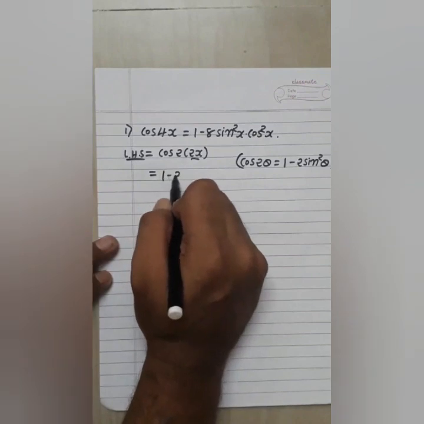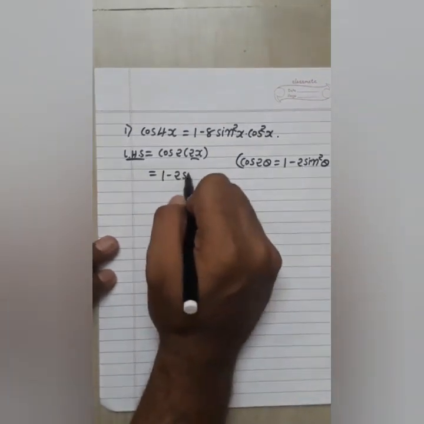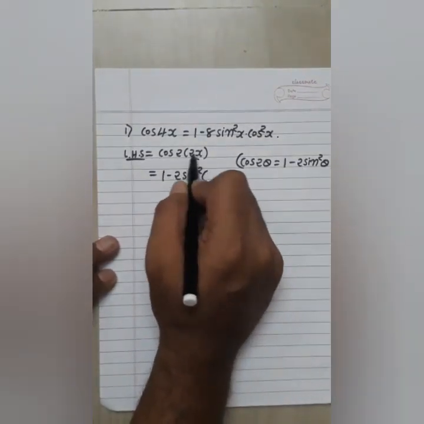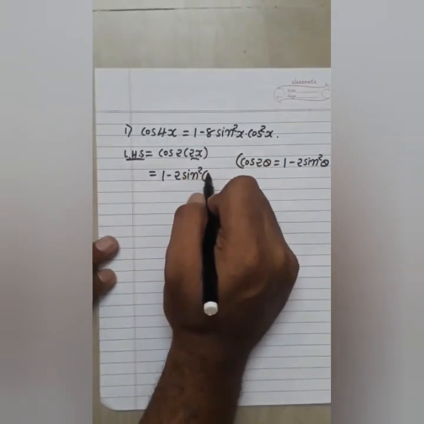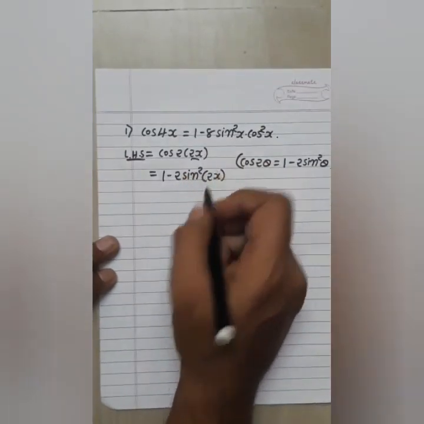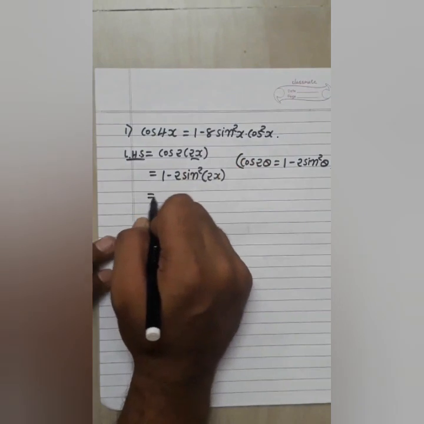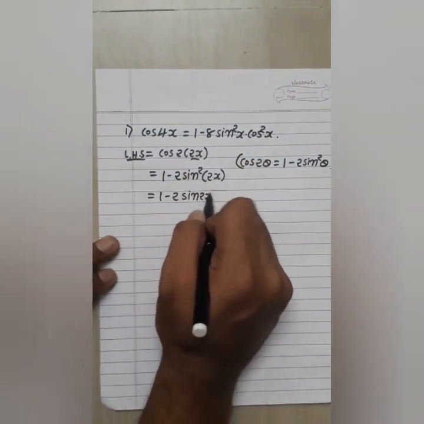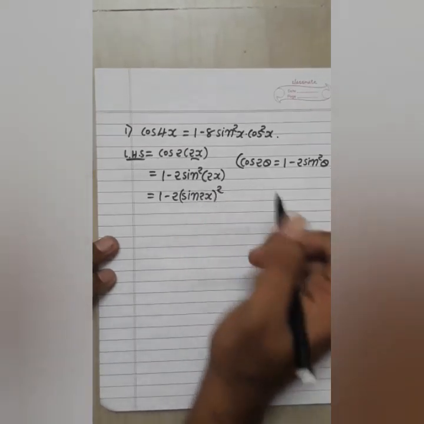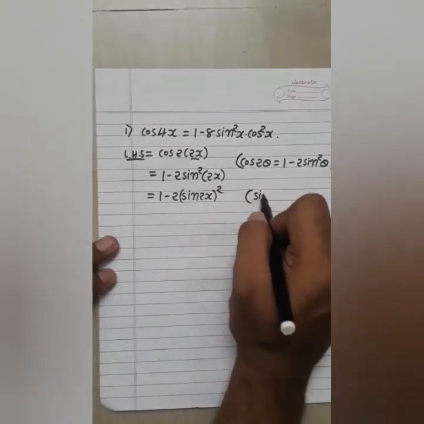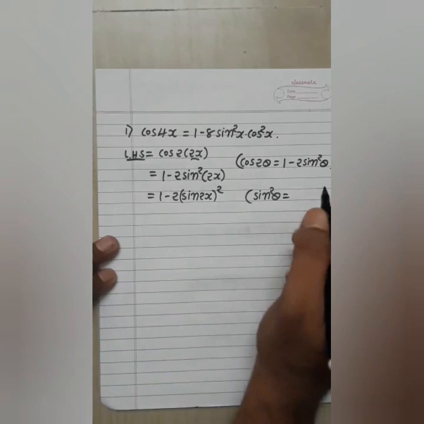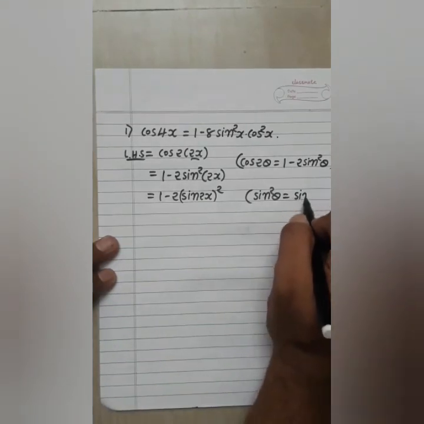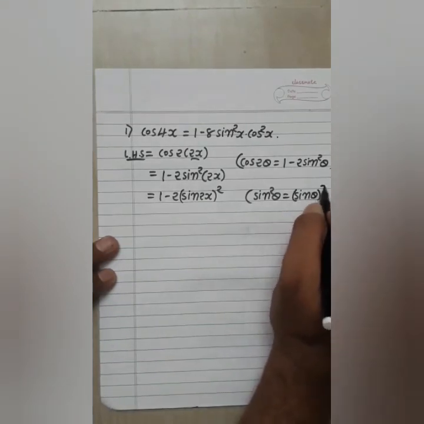So 1 minus 2 sin square theta, in place of theta writing 2x. Now we can also write 1 minus 2 sin 2x whole square, because sin square theta we can write as sin theta whole square.